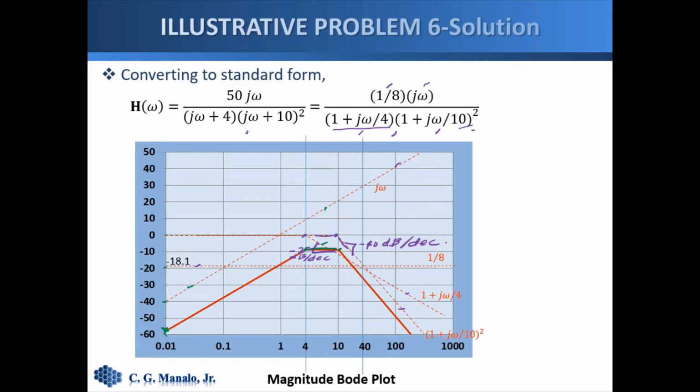And then from here, the slope should make a turn and follow the slope here. So this one is 20 dB per decade, and this one is negative 40 dB per decade.